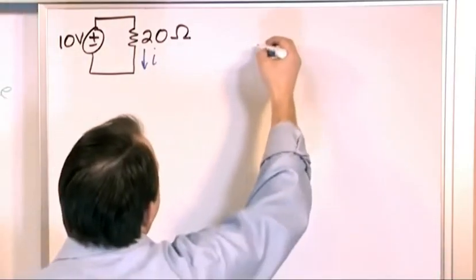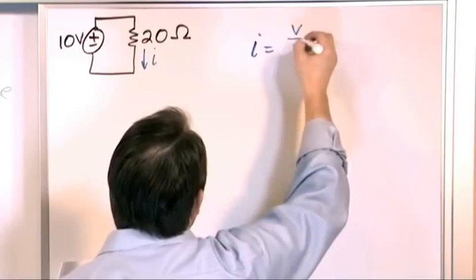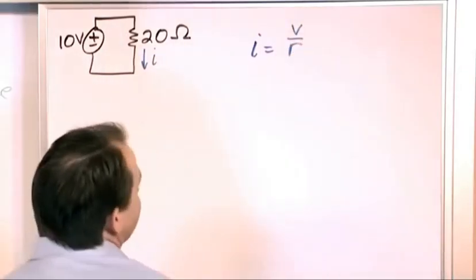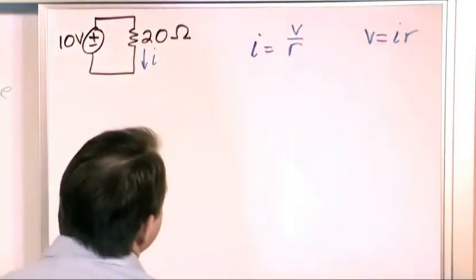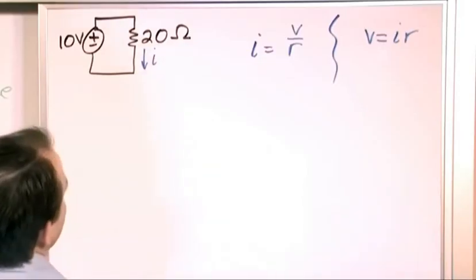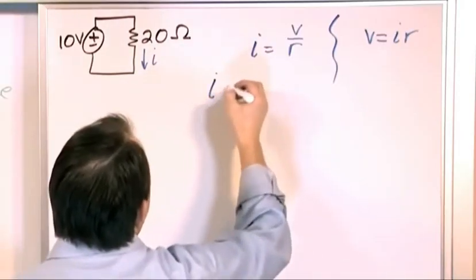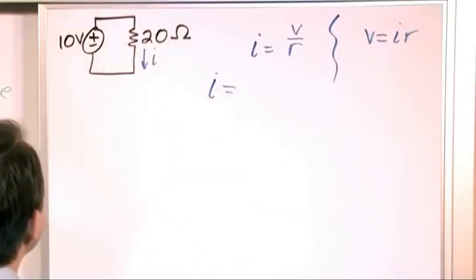So what we need to do to find this current is I is equal to V over R. Of course, that's exactly the same thing as V is equal to IR. You could use this one, or basically rearrange the equation either way. It's the same thing. So if we want to calculate this current, we need to know the voltage across this resistor. What is the voltage across that resistor?